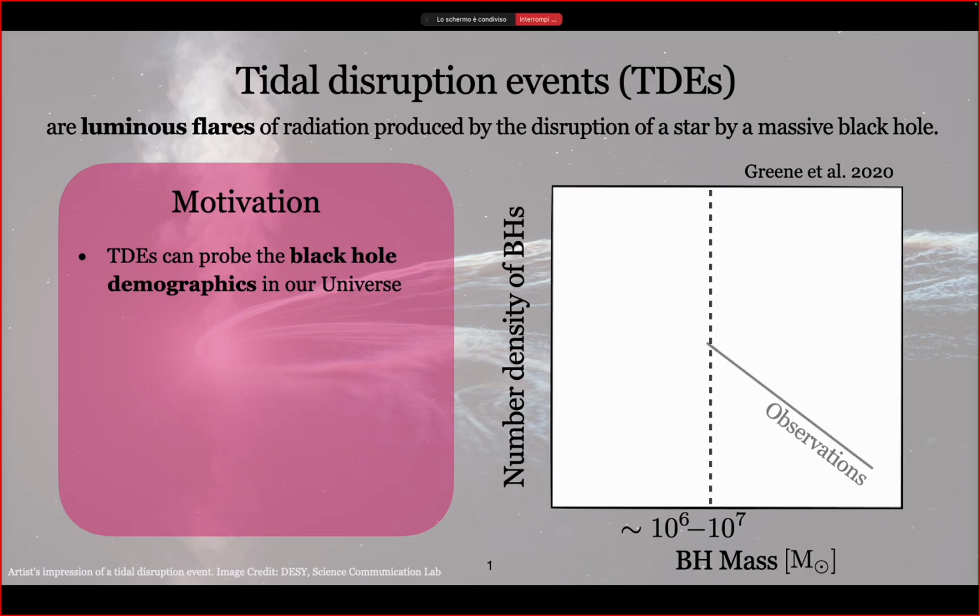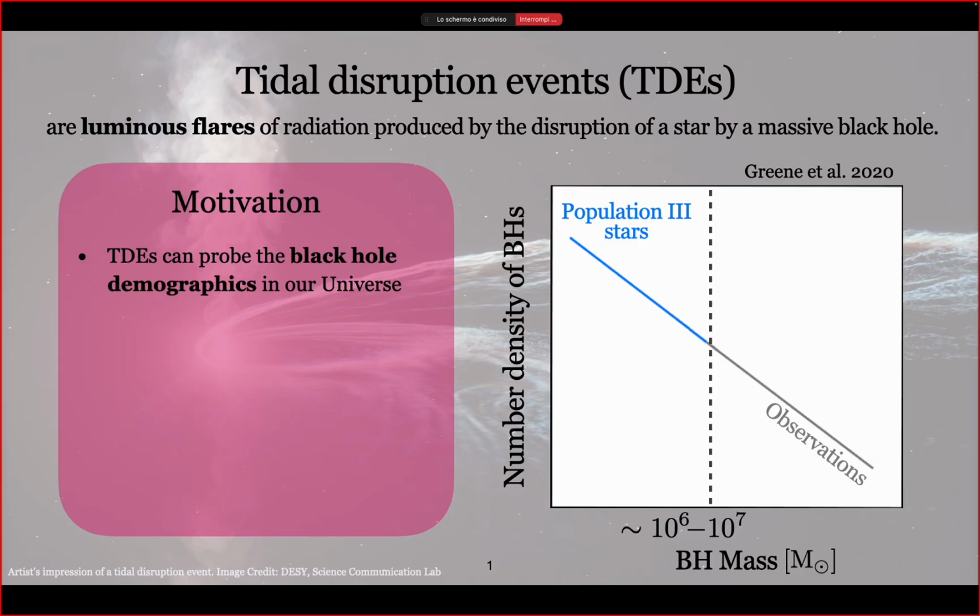But there are ideas of how the black hole mass function might look, depending on the black hole seed formation channel. One idea is that seed black holes were formed from the collapse of Population III stars. These are the first generation of stars in the universe. In this scenario, we expect the black hole mass function to rise towards low masses.